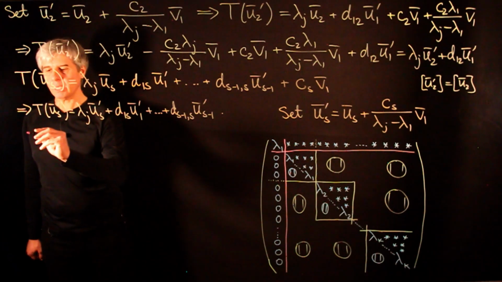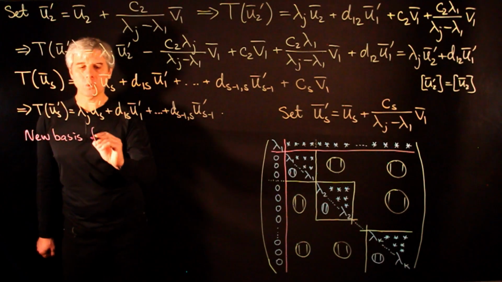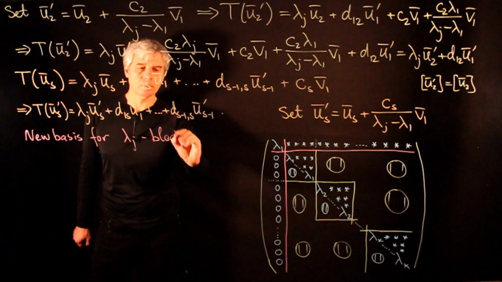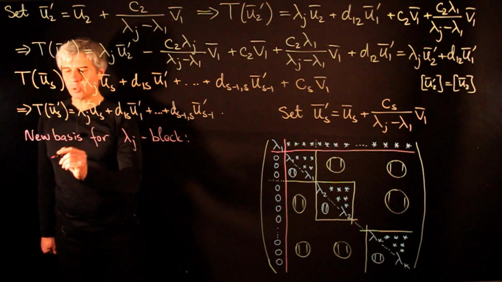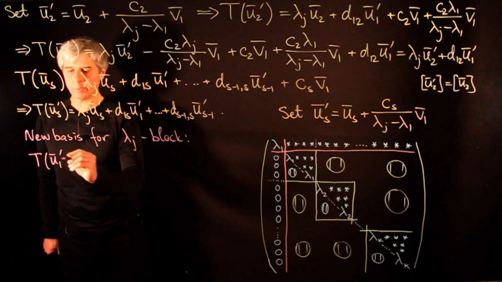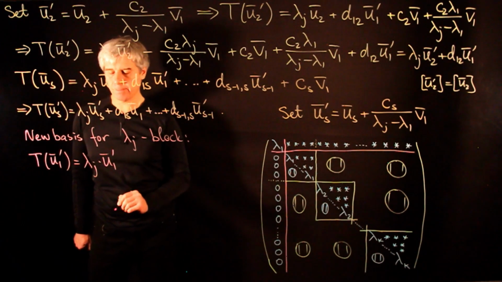Summarizing, we obtain the new basis for the lambda j block. And the action of T in this new basis is the following. T acting on u1 prime is lambda j times u1 prime.